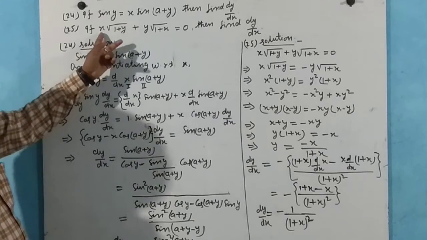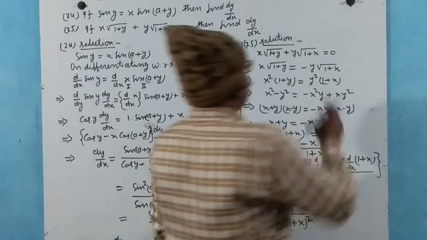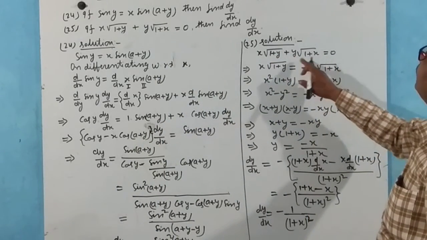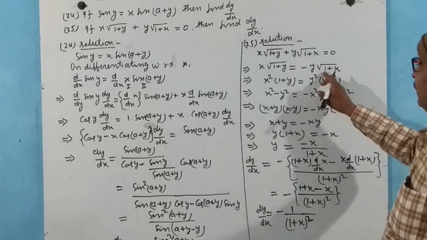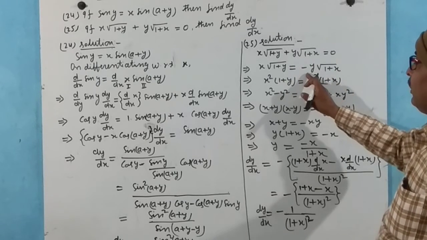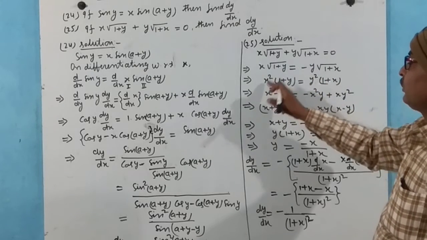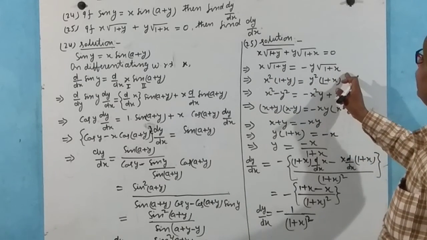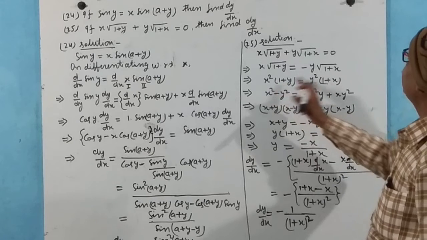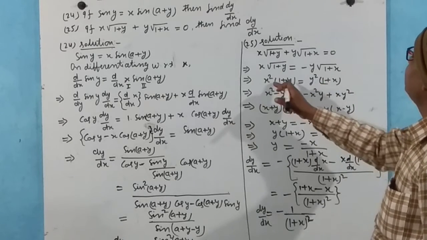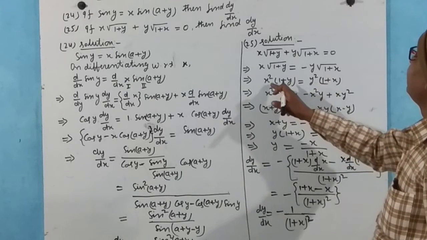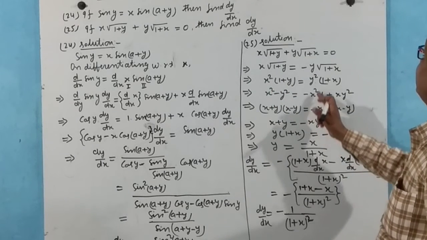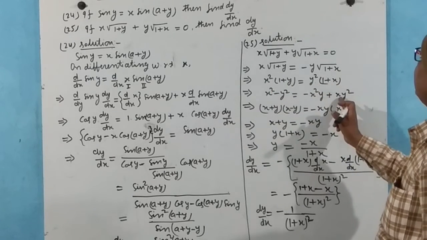Here, x under root 1 plus y equals minus y under root 1 plus x, transferring with a negative sign, and squaring both sides, x square into 1 plus y equals y square into 1 plus x, so that x square minus y square, and x square y comes here as minus x square y, plus x y square.